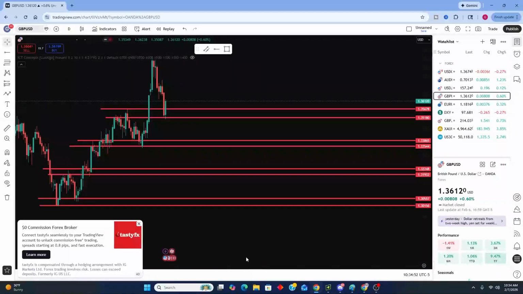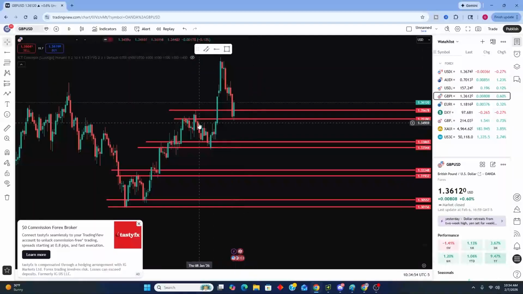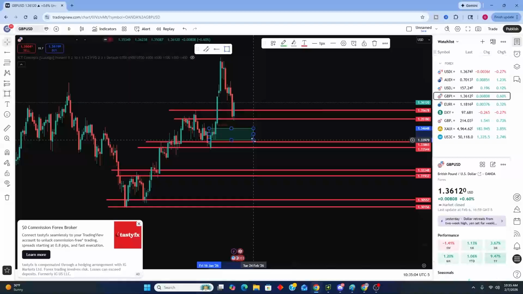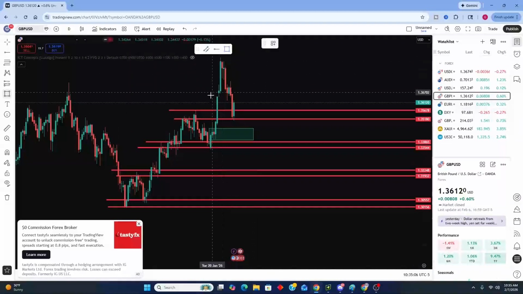Every aggressive push up has a candle that signifies where orders are left. Right here. Right here.